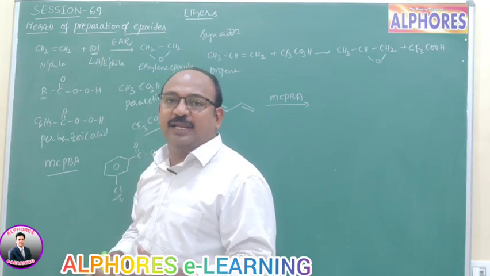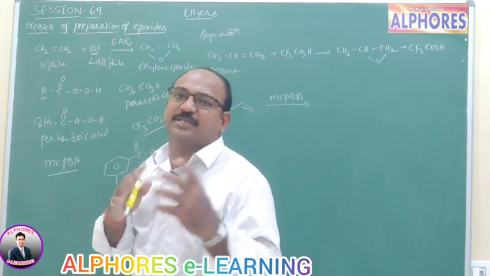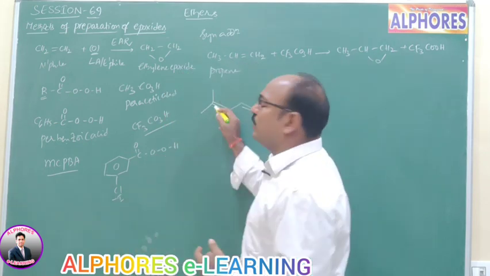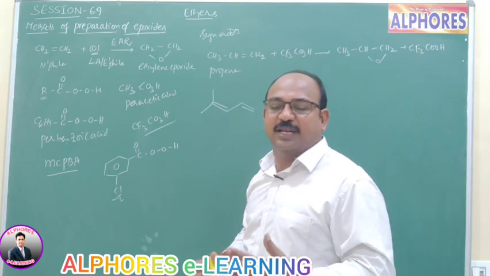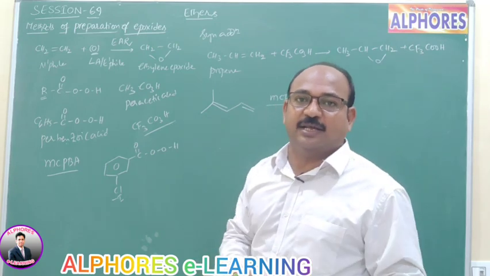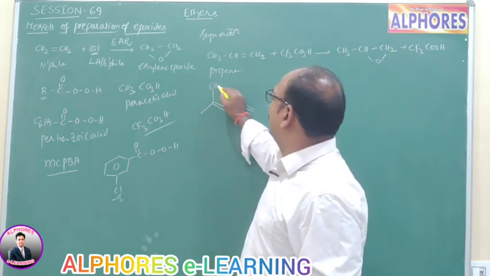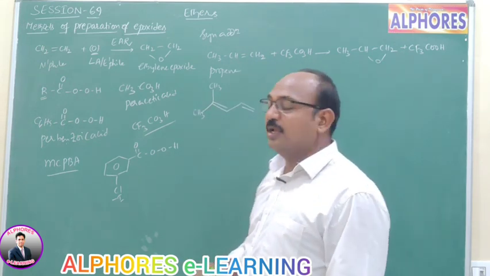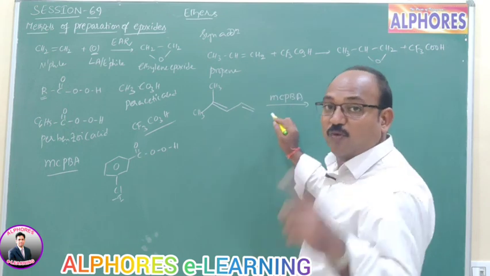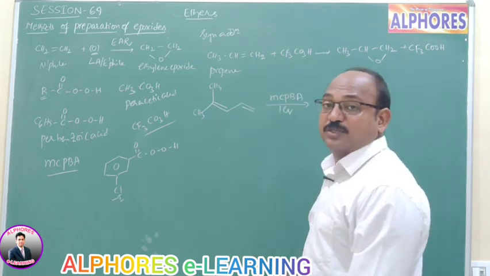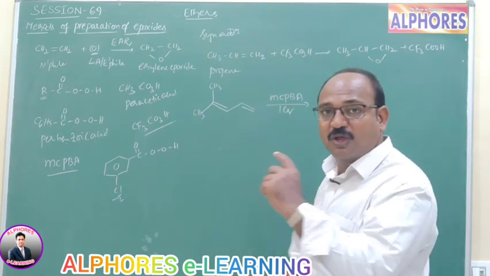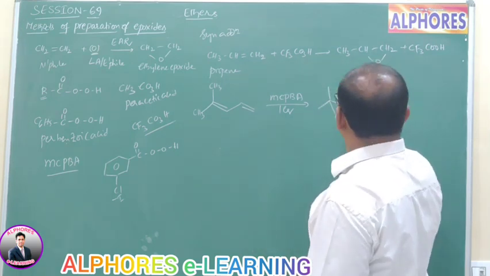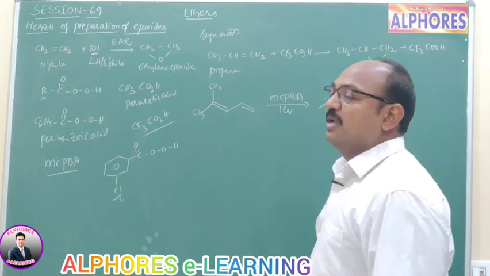Being an electrophile, it seeks the more electron-rich center. So out of these two double bonds, which is the more electron-rich center? Because of the presence of two methyl groups here, this double bond is more electron-rich. Then if we use only one equivalent of MCPBA, only one double bond has to oxidize. In such a case, we get a product like this, and this double bond remains as such.